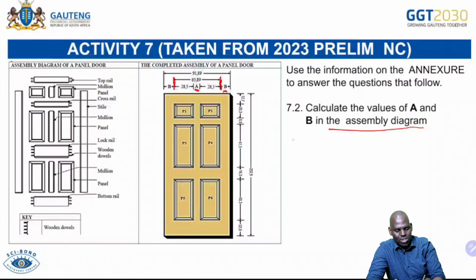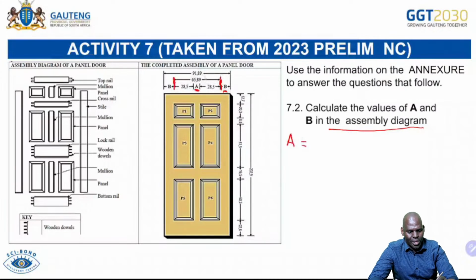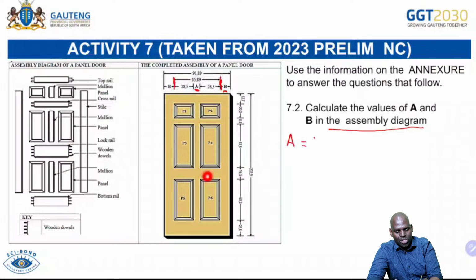So the value of A will be, we take the whole value 65,89, and then we subtract 28.5, and we subtract another 28.5.